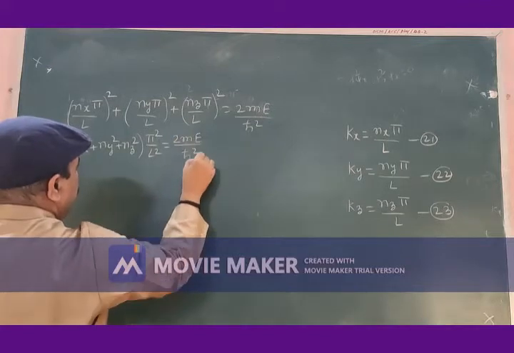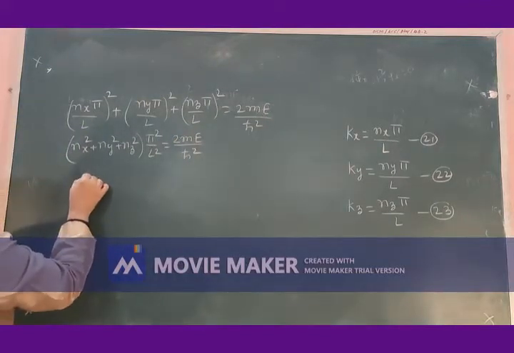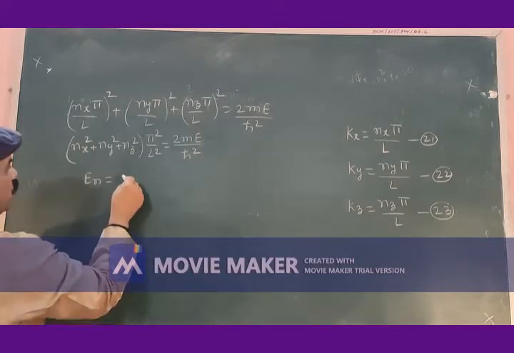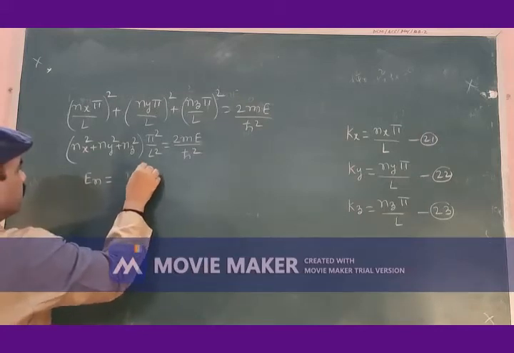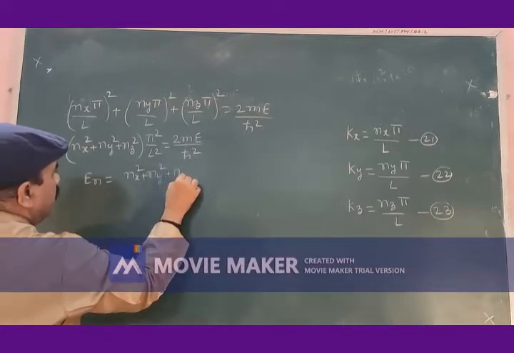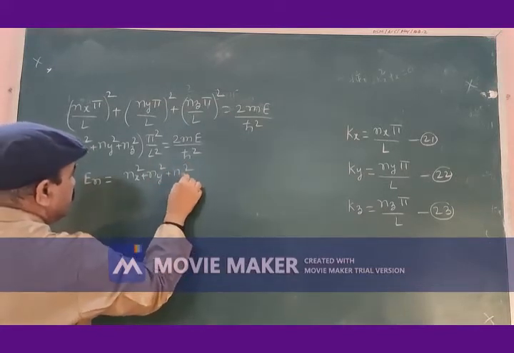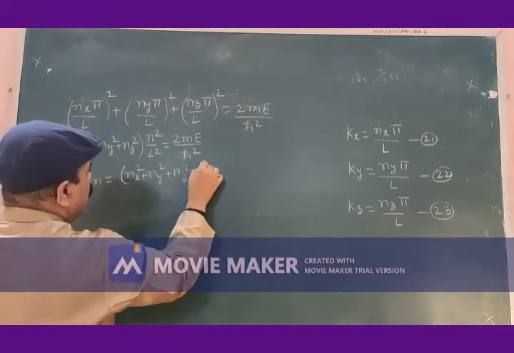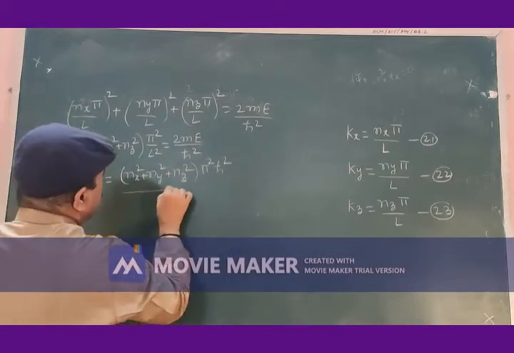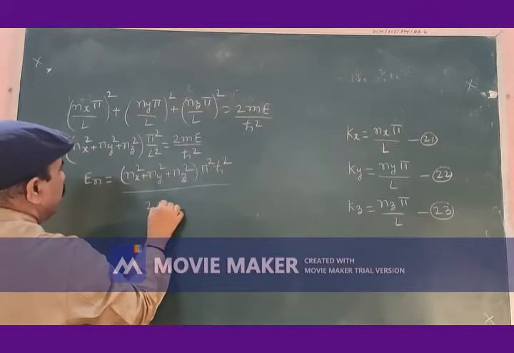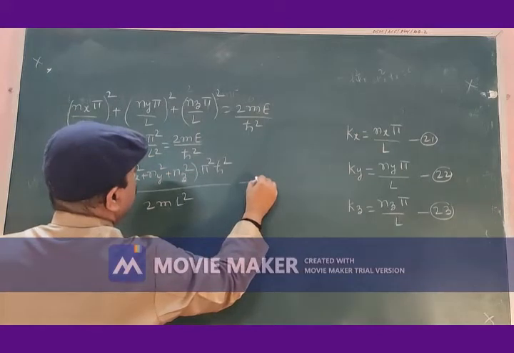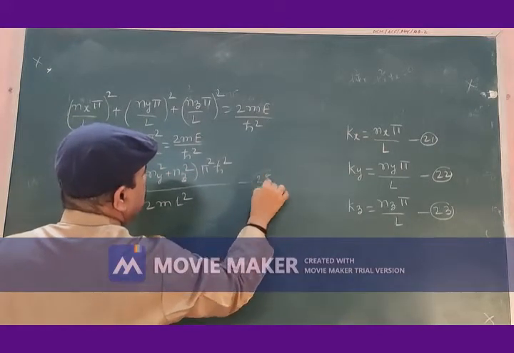2me divided by h cross square, or I may further write this as En is equal to (nx square plus ny square plus nz square) into pi square h cross square divided by 2m L square, equation number 25.